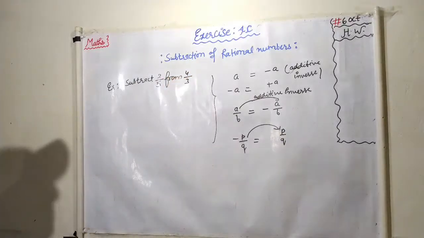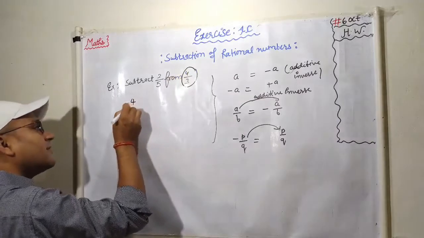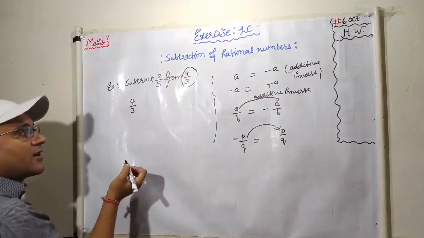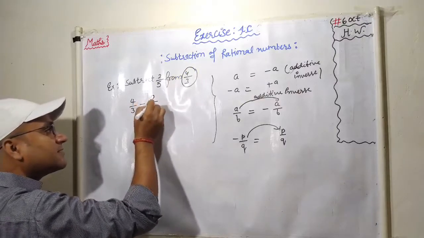Subtract 2 by 5 from 4 by 3, means first you write this quantity 4 by 3, minus 2 by 5.